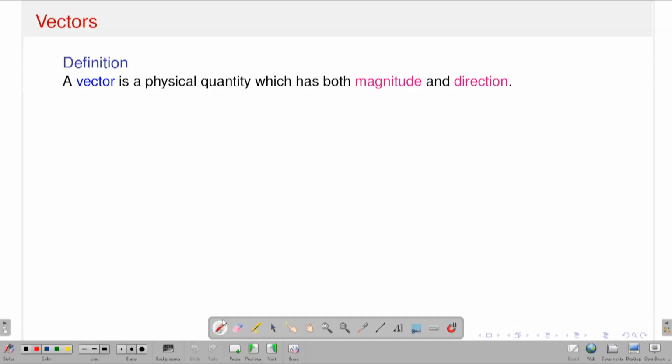With this required information to specify the physical quantities, they are broadly classified as scalars and vectors. First of all, we will see the definition of vectors. A vector is a physical quantity which has both magnitude and direction.